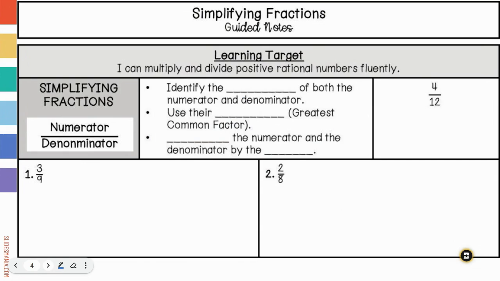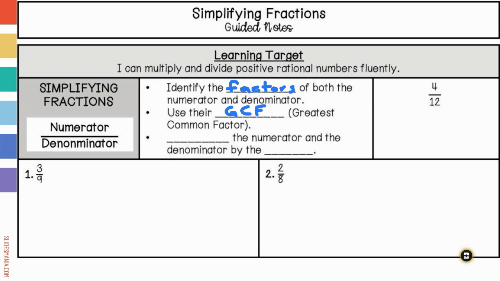So the first step in reducing fractions is going to be identify the factors of both the numerator and denominator. And then you want to use the GCF, which is the greatest common factor, between the two numbers.